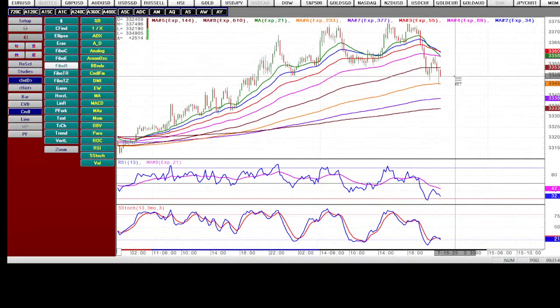So most likely we may see the price heading south. Okay, so let's not force ourselves and try to enter this and do it.